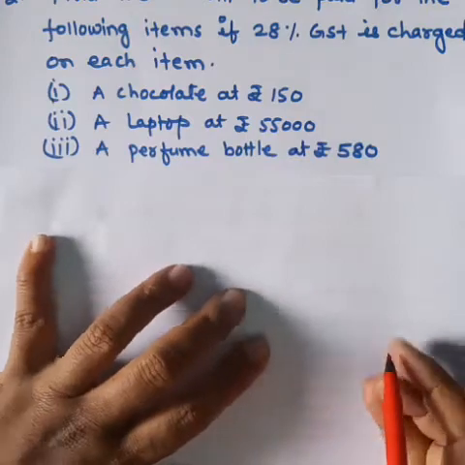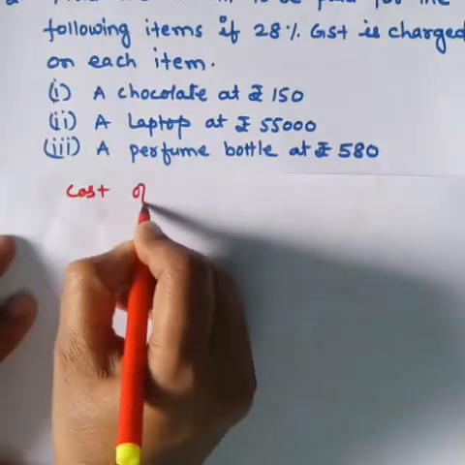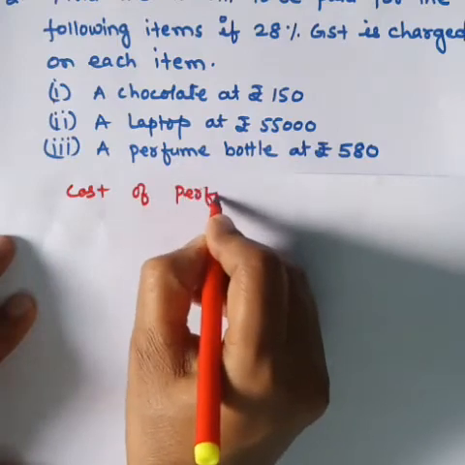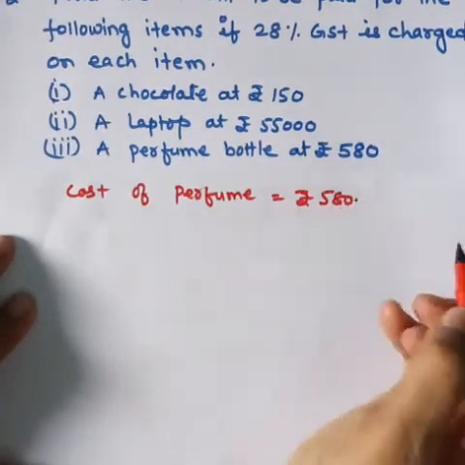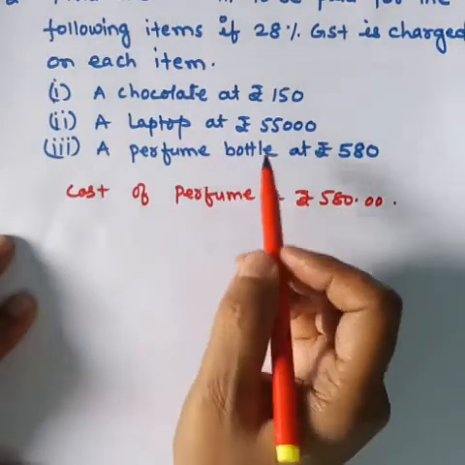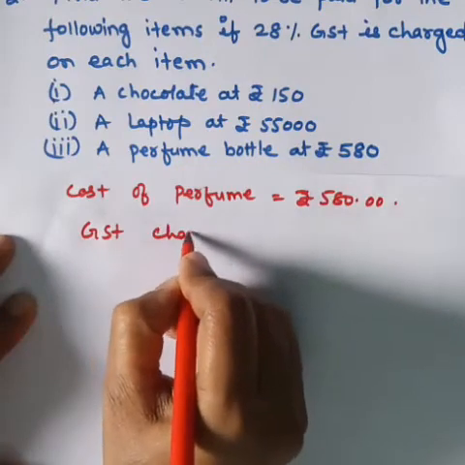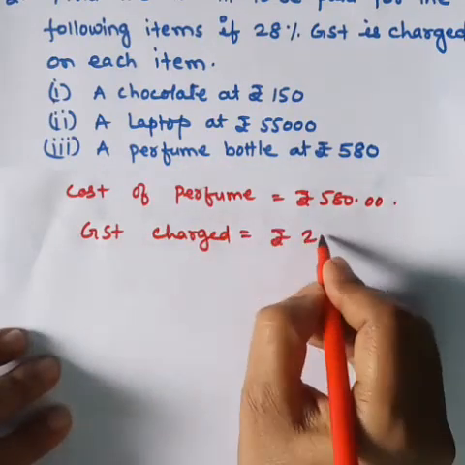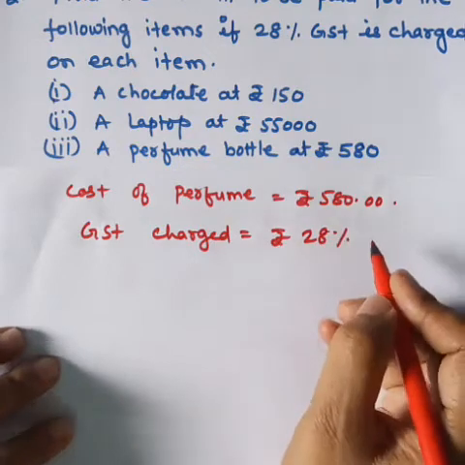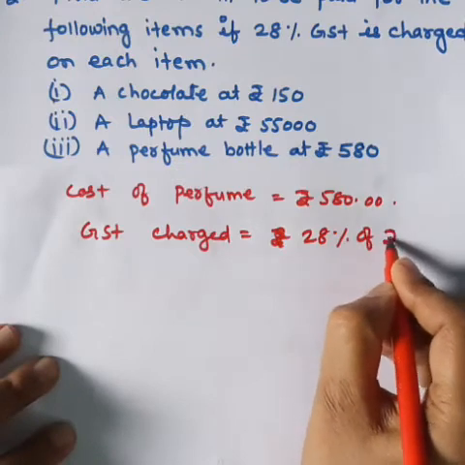A perfume bottle at rupees 580. So cost of perfume is rupees 580. Okay. So now what is the GST charged? GST charged is equal to 28% of rupees 580.